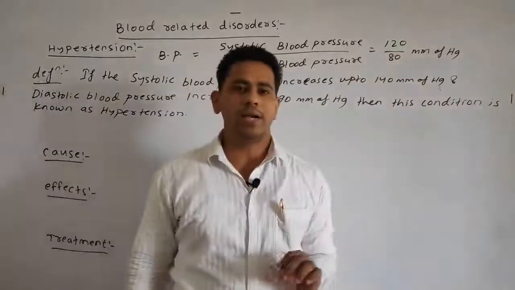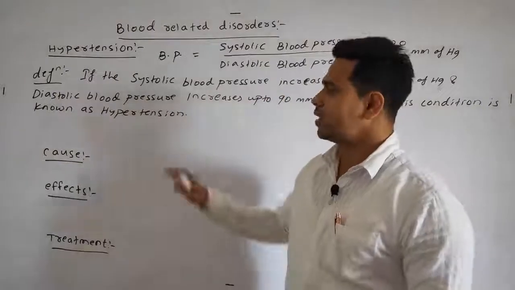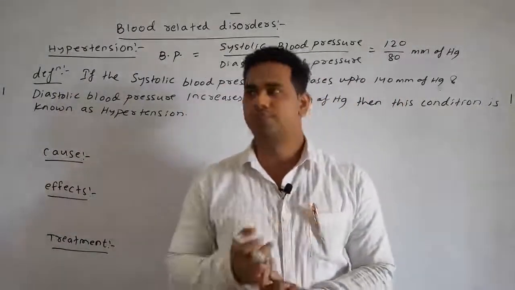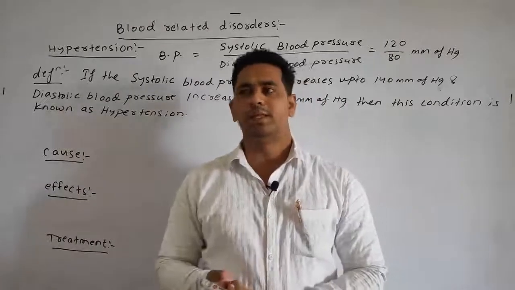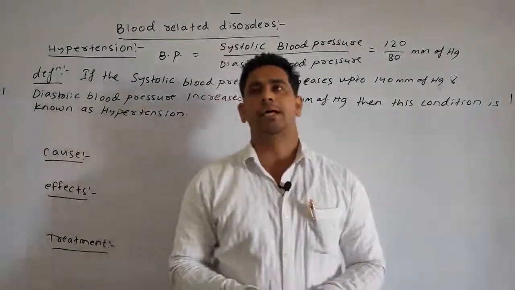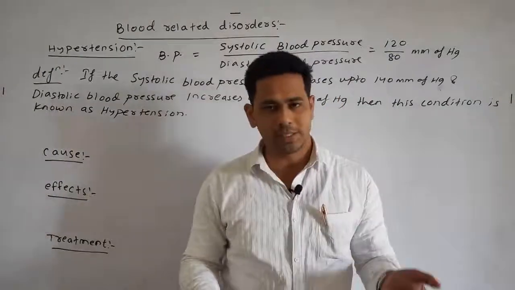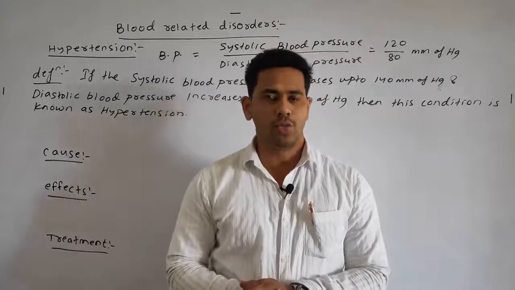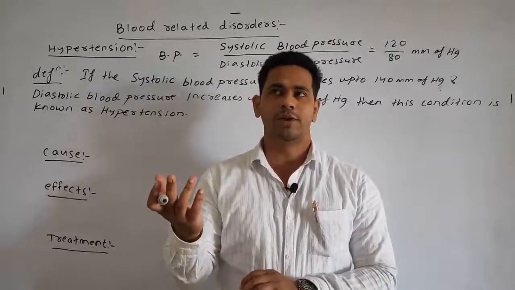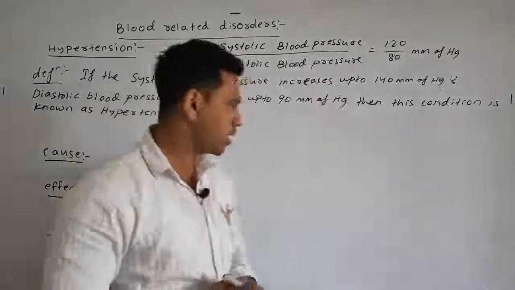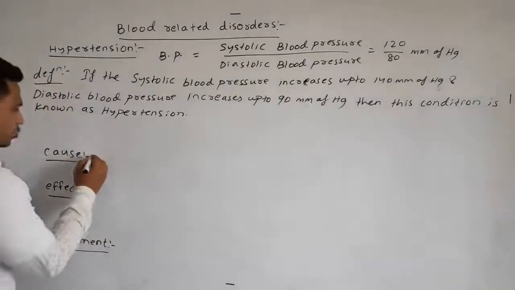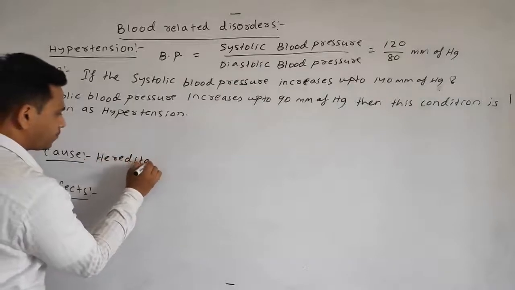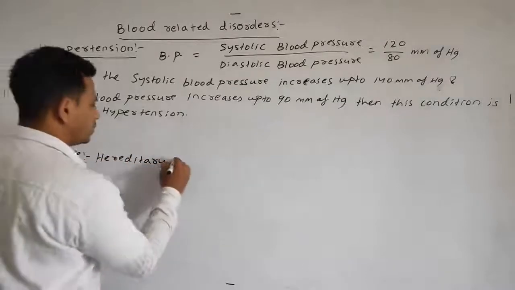So students, what are the various causes of hypertension? Taking enough oily foods, smoking, it can also be hereditary, the age factor, obesity, which means having much fat in the body, and sedentary lifestyle. Okay, I'll tell you, don't worry. There are so many reasons. First reason can be hereditary. Next, smoking.